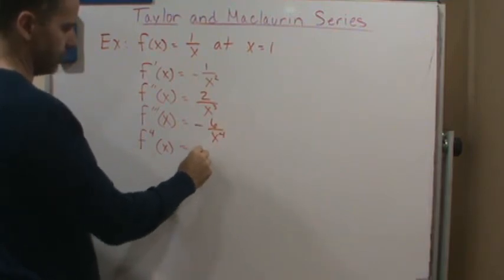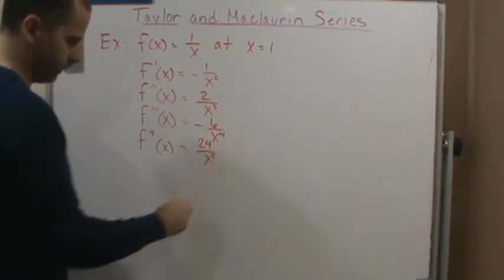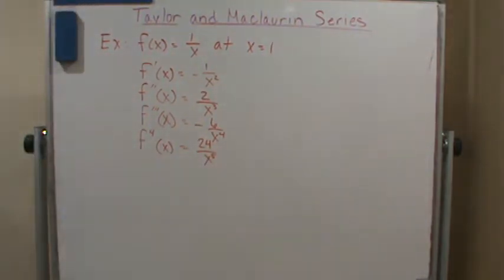And then we would get positive 24 over x to the 5th.